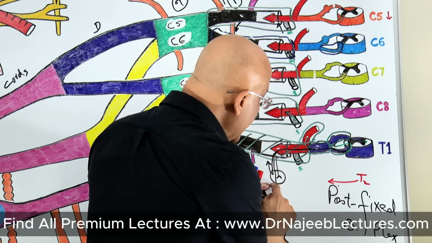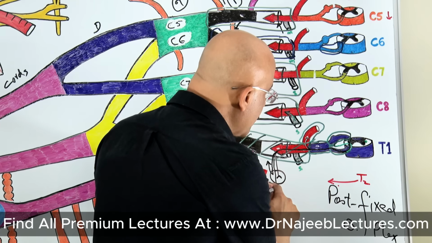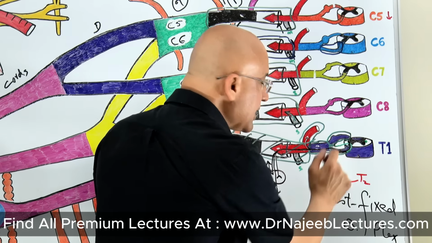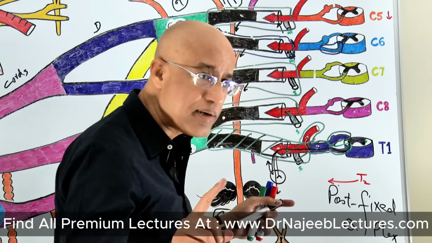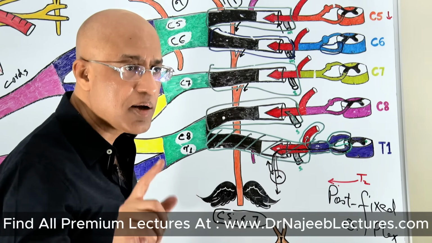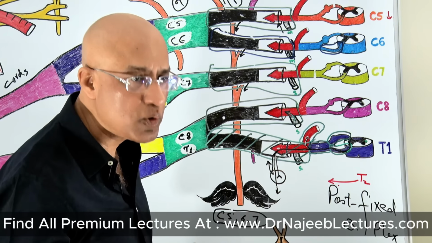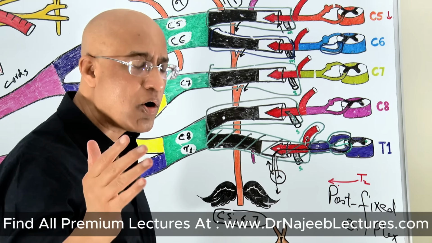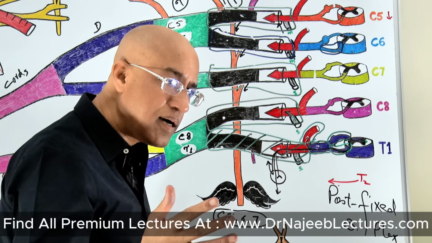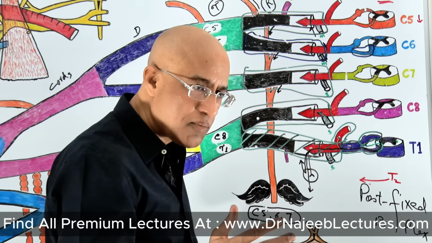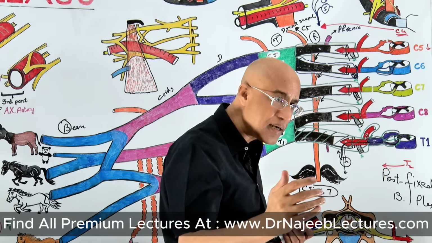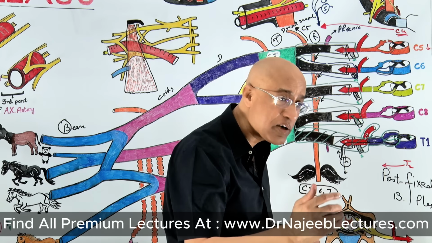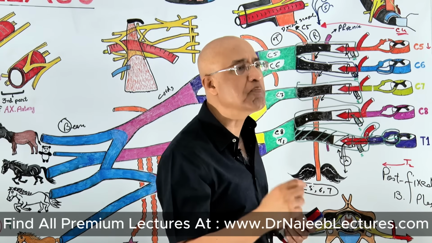Now, this ganglion is receiving preganglionic fibers from the lateral gray horn, and this lateral gray horn extends in the spinal cord from T1 level up to L2 level. It means all the spinal roots coming out from T1 up to L2 are bringing sympathetic preganglionic fibers, which are myelinated.